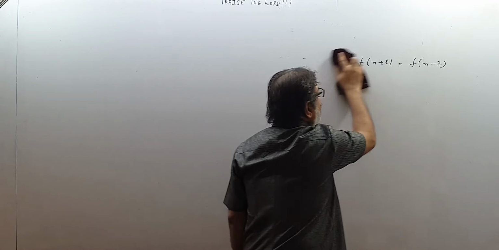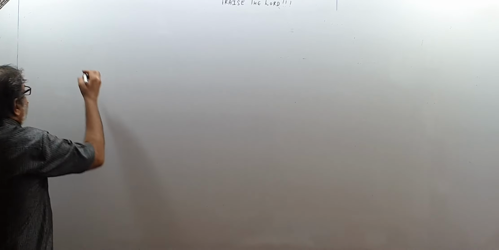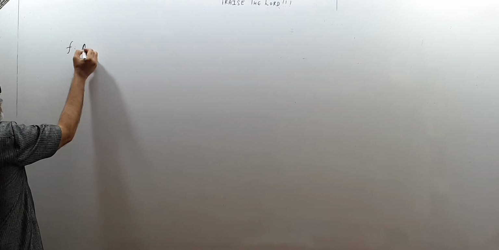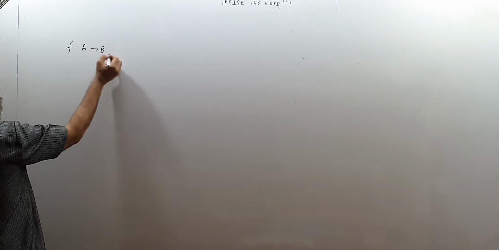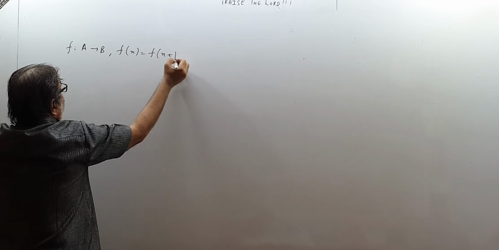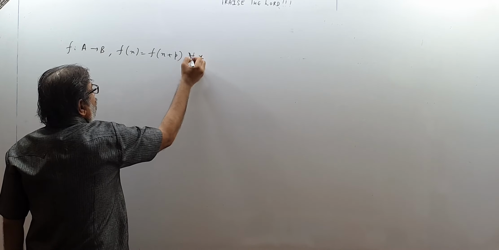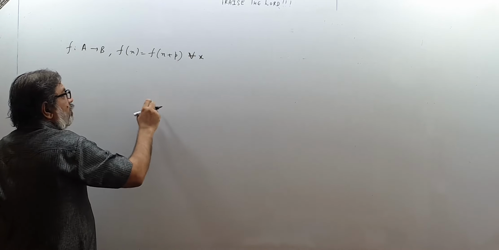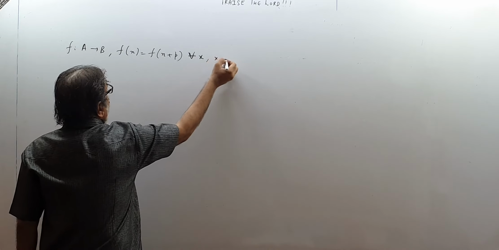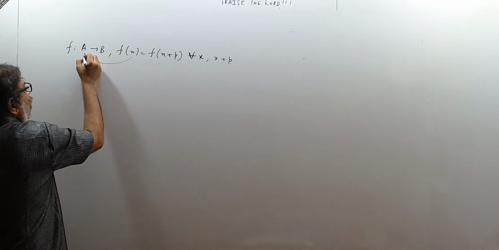Now, what is the definition of a periodic function? We will take that up. You have understood so far. So, if there is a function from A to B, and if I find that f of x is equal to f of x plus p, for all x, this is the symbol for all, for every x and x plus p, these numbers are to be taken from the domain of the function.